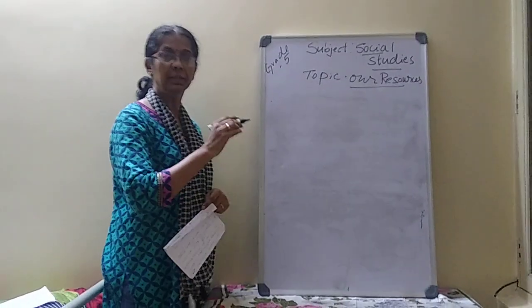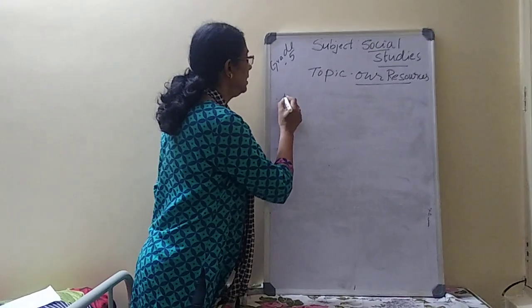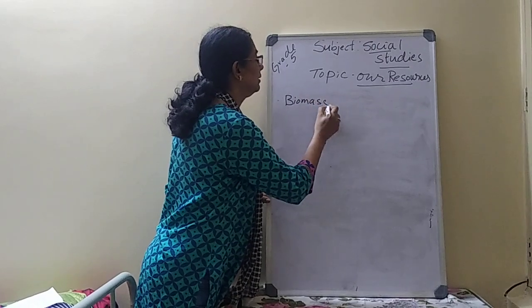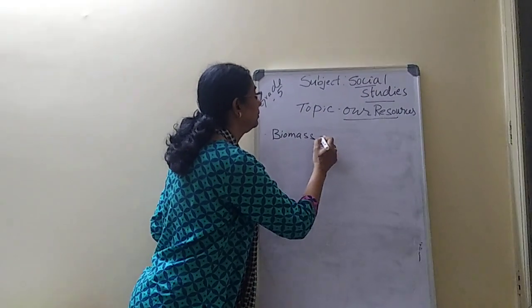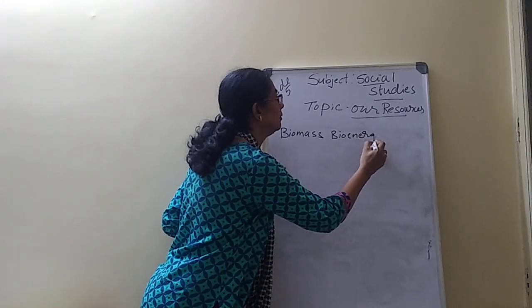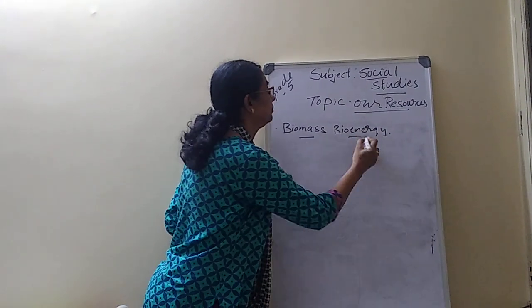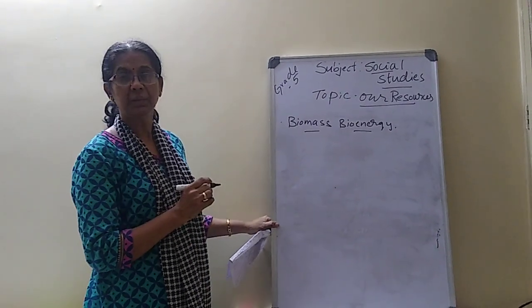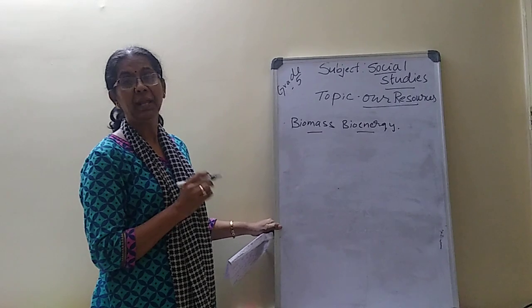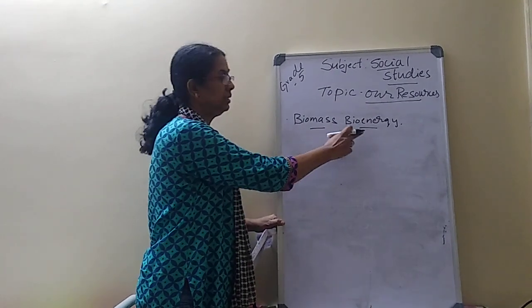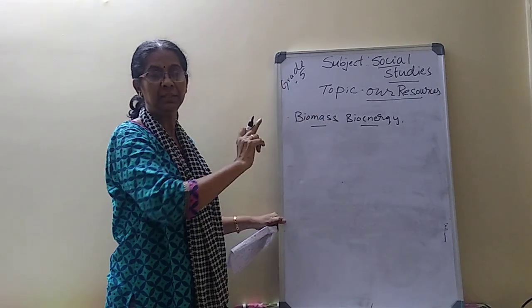The next renewable resource is biomass or bioenergy. The organic material which comes from plants and animals is known as biomass or bioenergy. I'll repeat again, children.